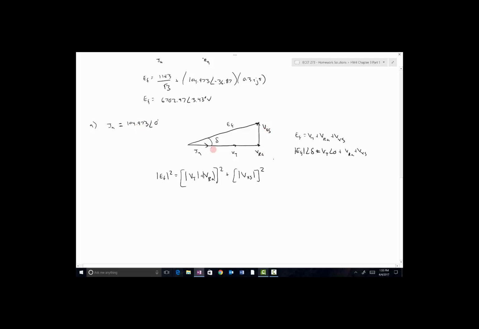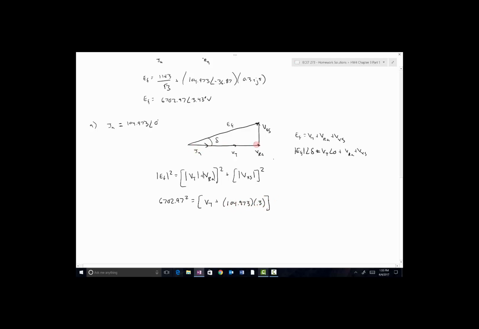Remember, if the load changes without any sort of adjustment by an operator, the magnitude of EF can't change. So 6702.97 squared is going to be equal to VT plus VRA, which just comes from the current times RA. So that's 104.973 times 0.3.